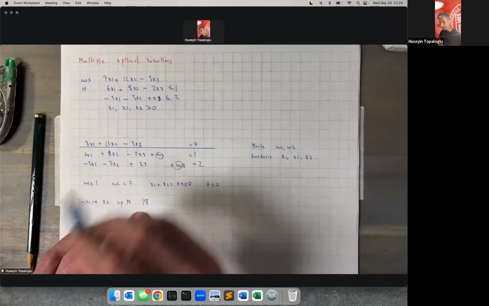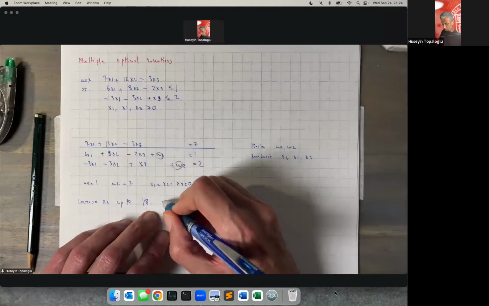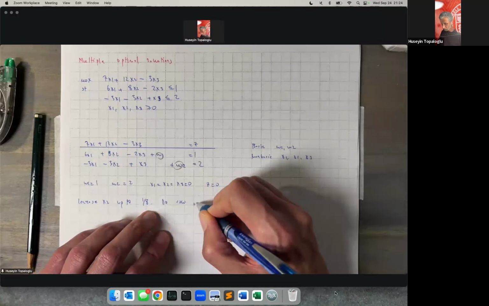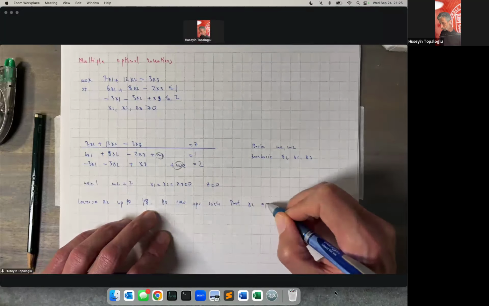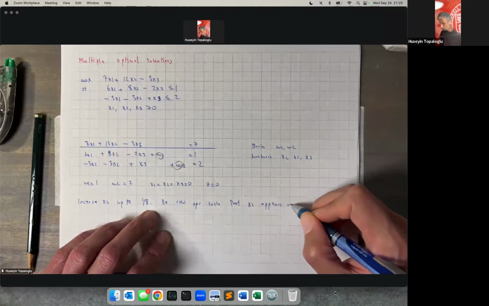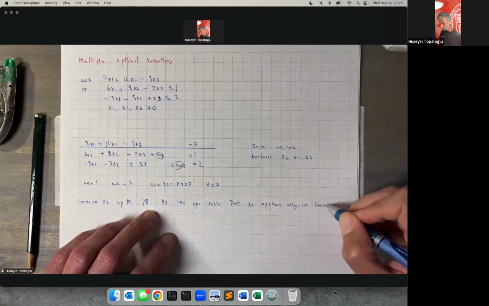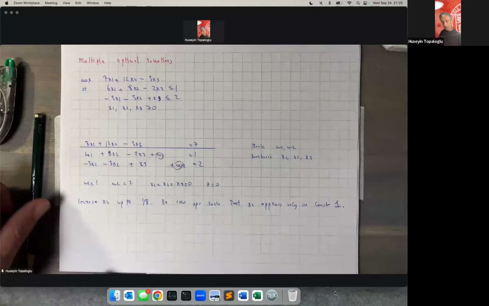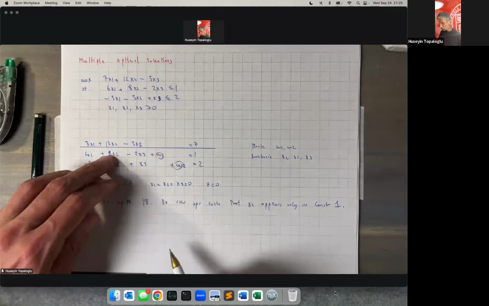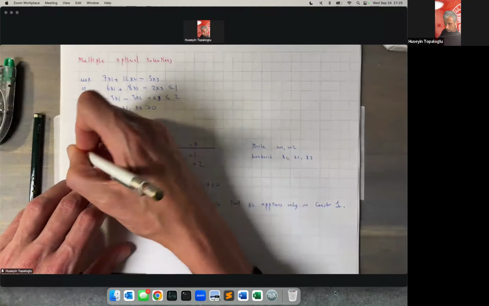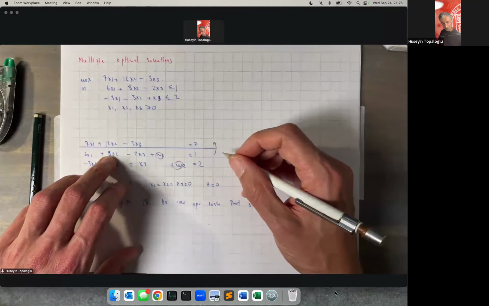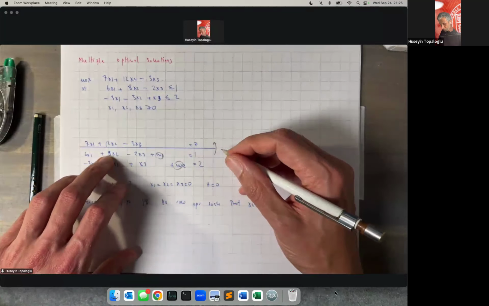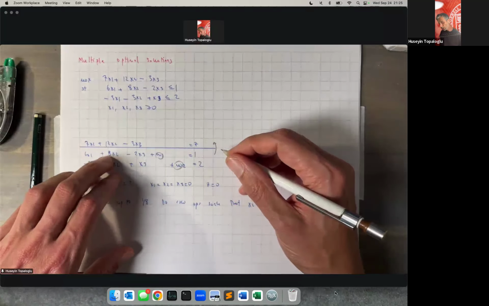So do row operations such that X2 appears only in the first constraint. Good. To make sure that X2 appears only in the first constraint row, take the first constraint row and multiply it by minus 12 over 8.